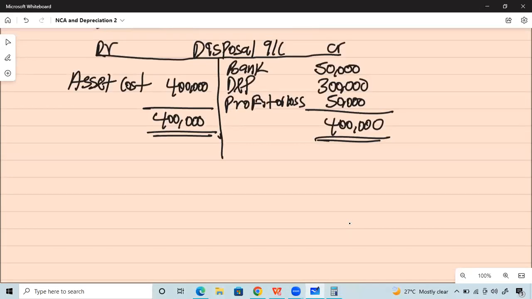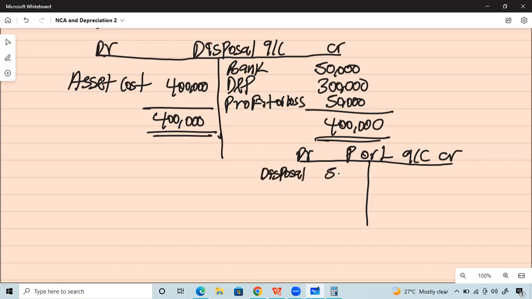Assuming that, I'm still referring to this, but you're not going to use this in the exam. This is the P&L account. P&L is on the credit side there, so it will now come to this place as a debit. How much? 50,000 naira.